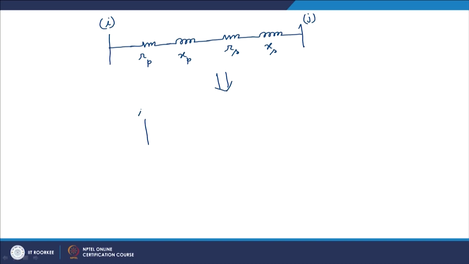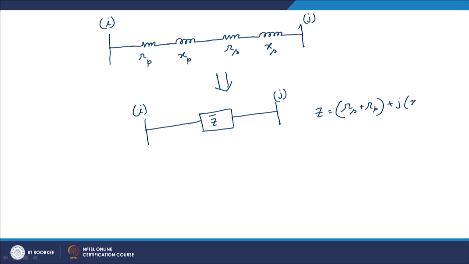So, we can have bus I and bus J, and I have got some transformer reactance or rather impedance Z between bus I and bus J, and this Z is given by Rs plus Rp plus j(Xs plus Xp).